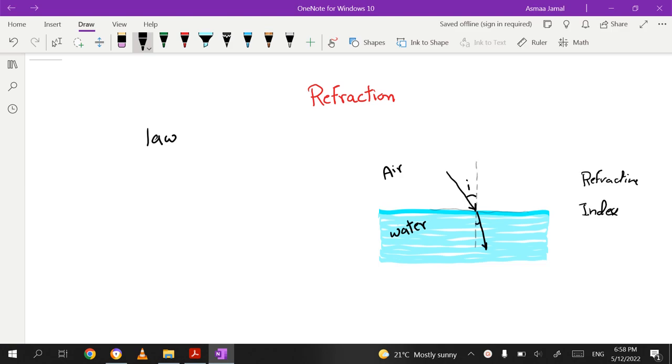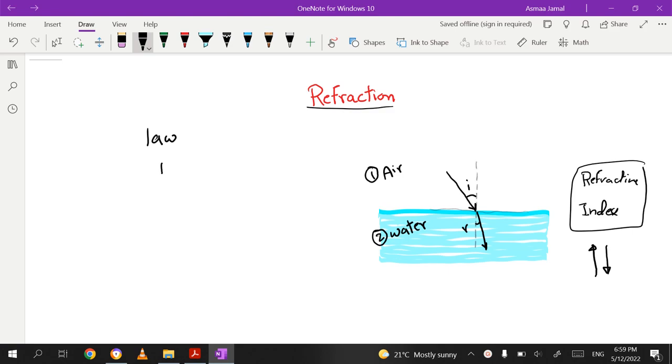Since the angle of incident is not 90 degrees, that means the light will refract given the angle R. This is the first medium, which is the air, and this is the second medium, which is the water. Each one of those has a different refractive index, and refractive index determines whether the speed of the light will increase or decrease, which means in refraction, not just the direction of the light will change, but also the speed of the light.